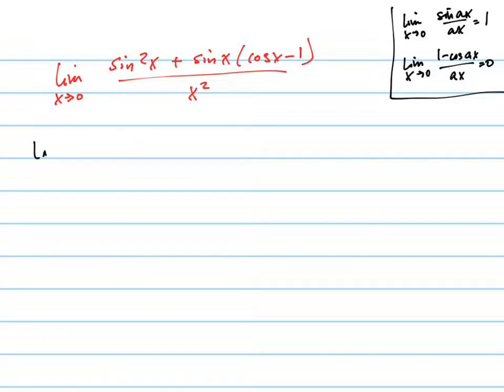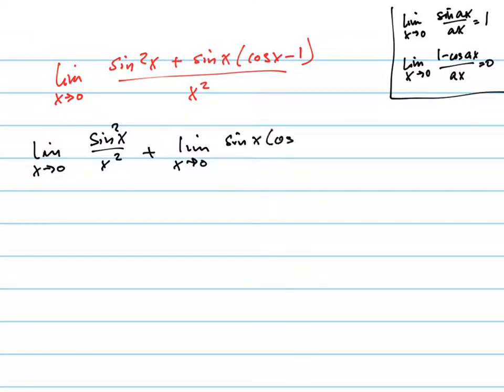is rewrite this instead as the limit as x goes to 0 of sine squared x over x squared plus the limit as x goes to 0 of sine x cosine x minus 1 all over x squared. And I'm keeping track of what's in the upper right hand corner here, just trying to figure out how I can use those things to simplify this.